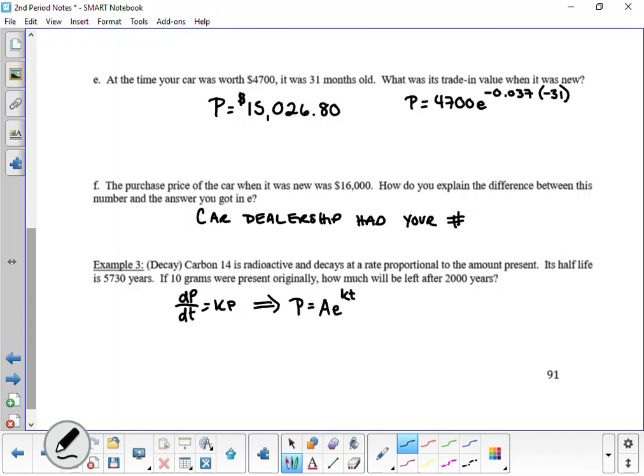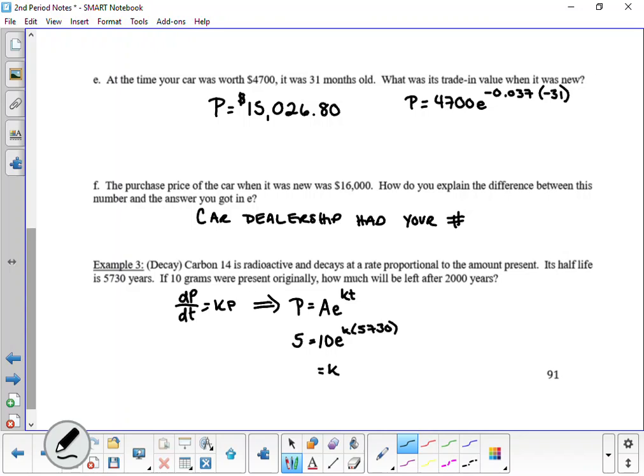And then 10 grams were present originally, so I can plug in 10 for A. And then it says its half-life is 5,730 years. So if its half-life is 5,730, then at t equals 5,730, what will my P equal? Yeah, because it's a half-life, so half of it should be left, right? Now I can solve for k.